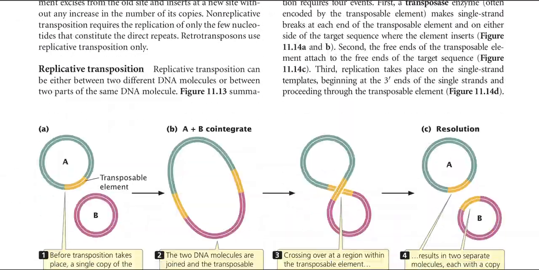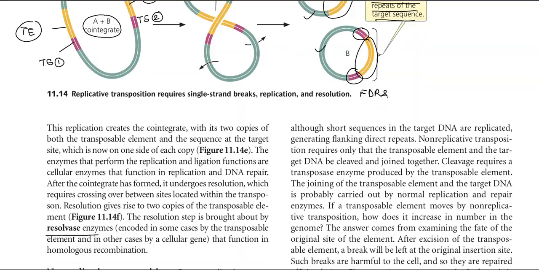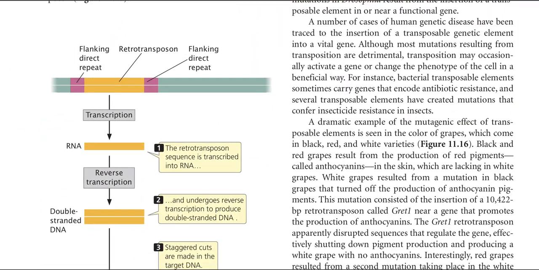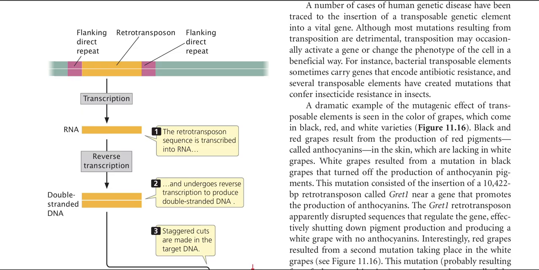The third type is with the help of retrotransposons, or aided by retrotransposons. So the retrotransposons will work in the way that, first of all, the transcription of that retrotransposon will take place to generate the RNA.